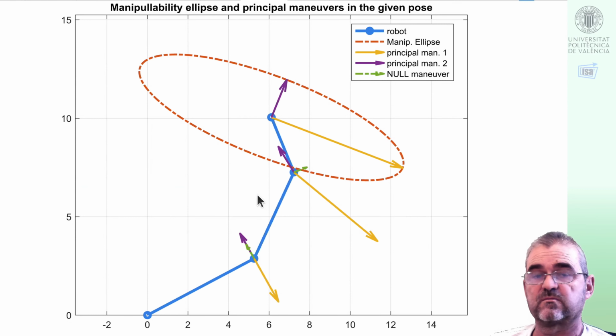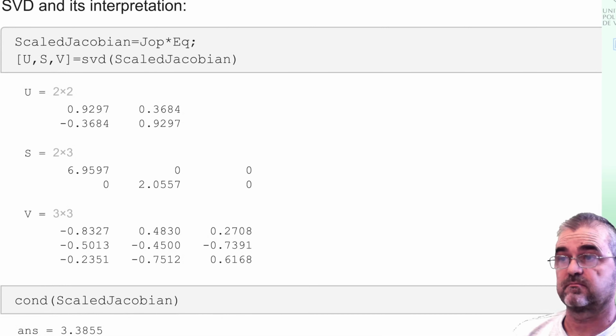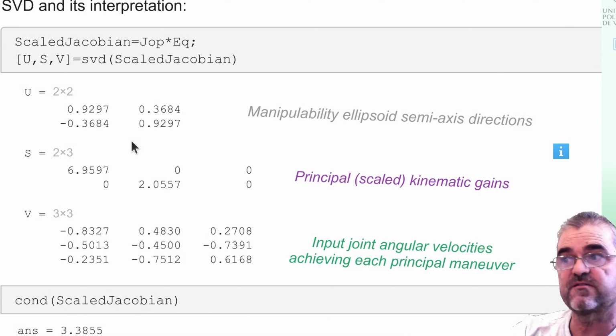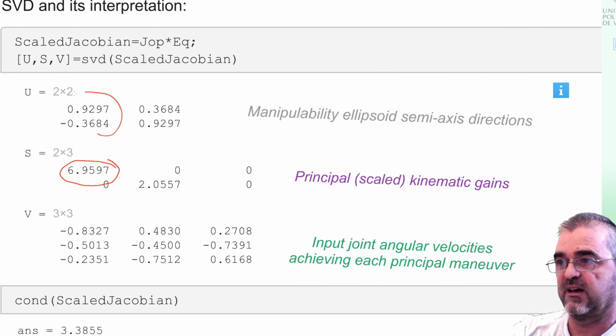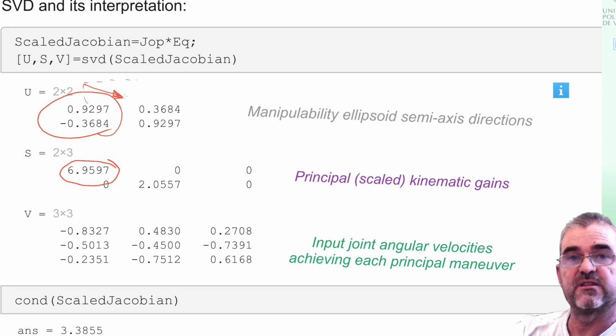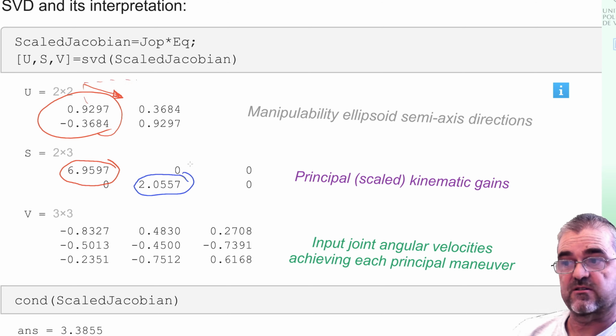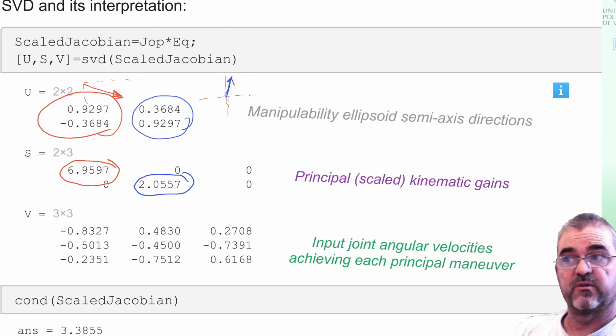So with this, we can say that, looking again at this SVD, the major axis of the ellipsoid will have a modulus of 6.96, and we'll have this direction, something pointing to the right and a bit downwards, and the shorter semi-axis of the ellipsoid will have 2 meters per second modulus, and we'll have this direction, which will be perpendicular to the red one, pointing basically up.